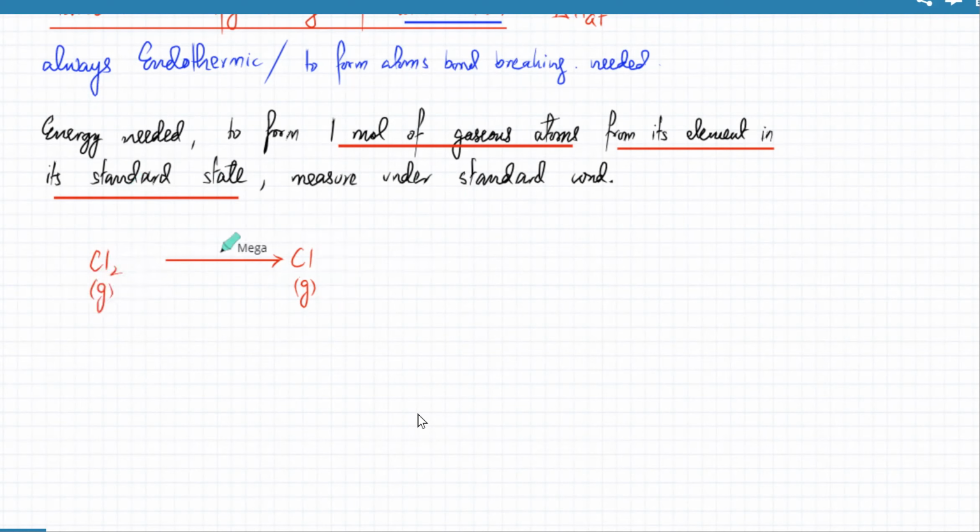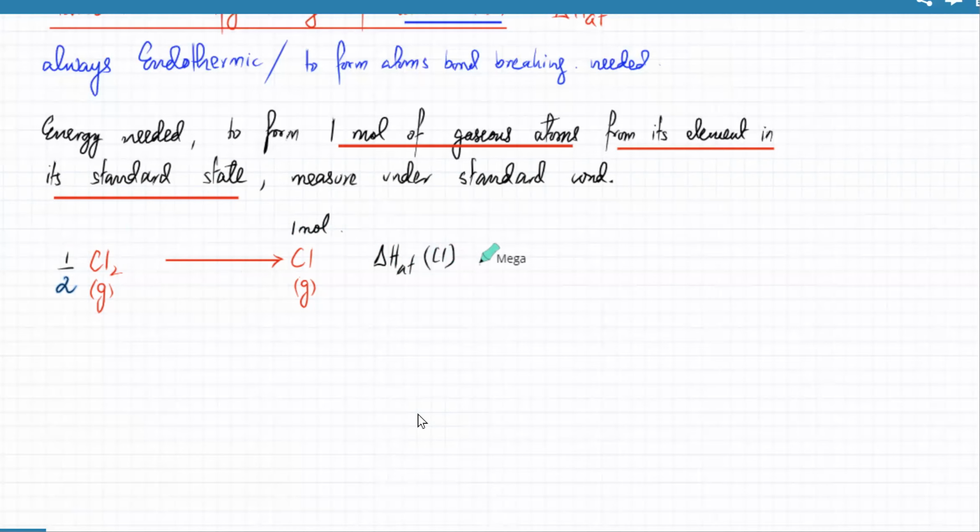So I want to make 1 mole. This must be 1 mole, so you need to balance it accordingly. So this should be half. To balance it, there should be half Cl2. And that's it. The enthalpy change of this particular reaction is going to be known as the enthalpy change of atomization of Cl.